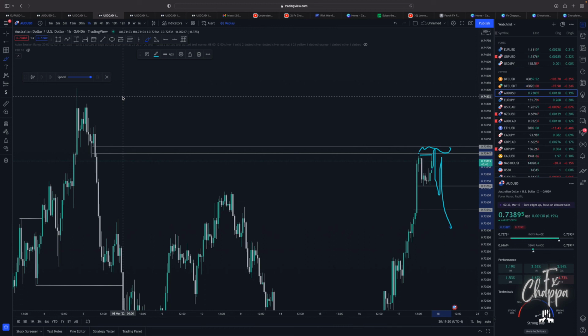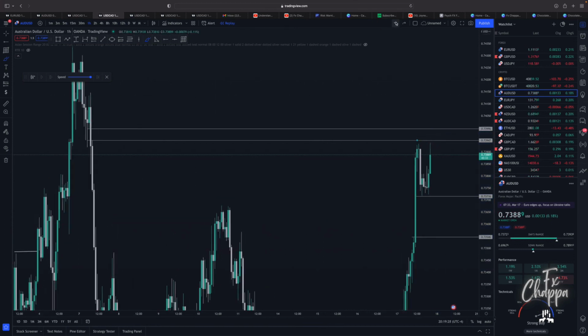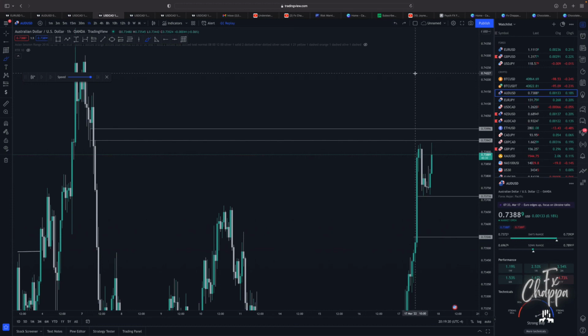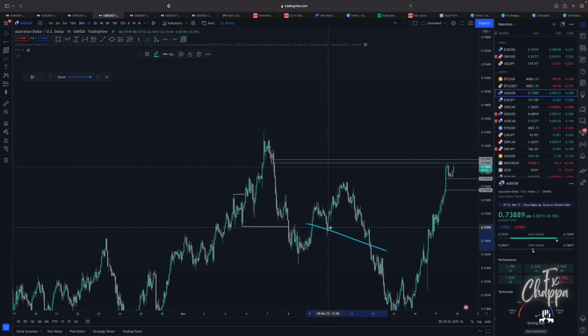You will be taking losses in these trades. There's a lot that will happen, but you have to just be able to put probability in your favor. That's all trading is, putting probability in your favor to understand whether or not you want to be a buyer or a seller. And right now, because of how overextended AU is, I want to be a seller, because nobody wants to be buying at this price.